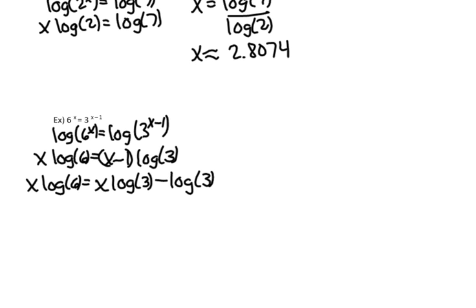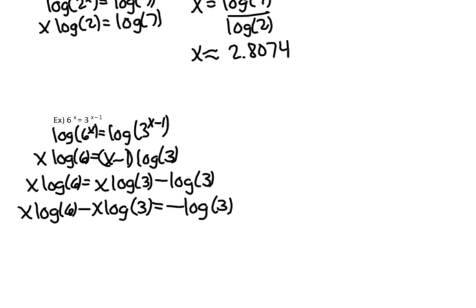Notice two different terms contain a variable of x. I want to get all my terms that contain x on one side, and all my constants on the other side. So now the two terms on the left both contain x. I can factor that x out.